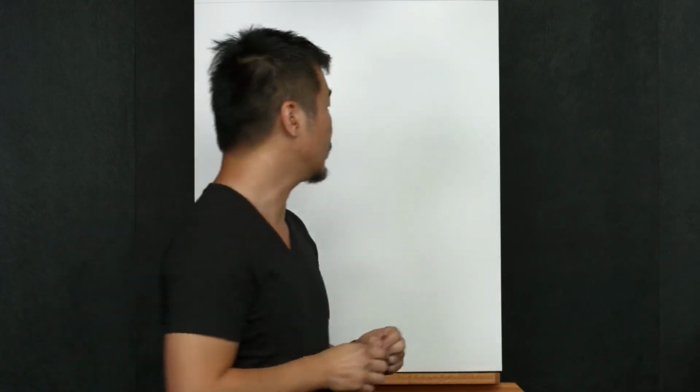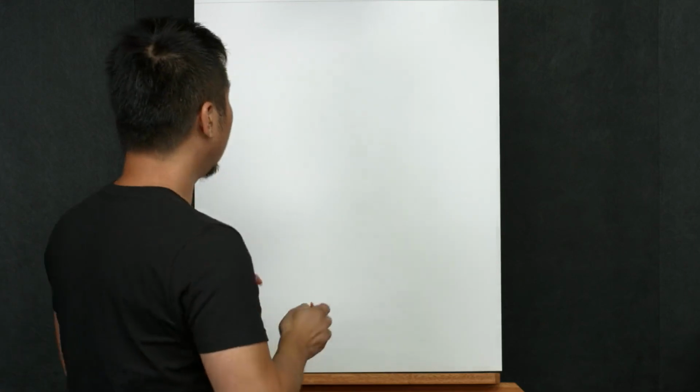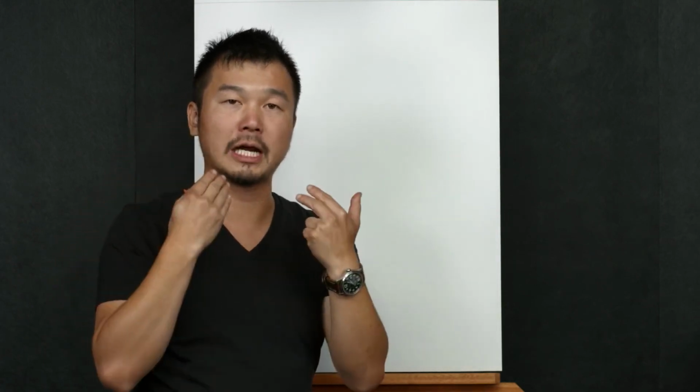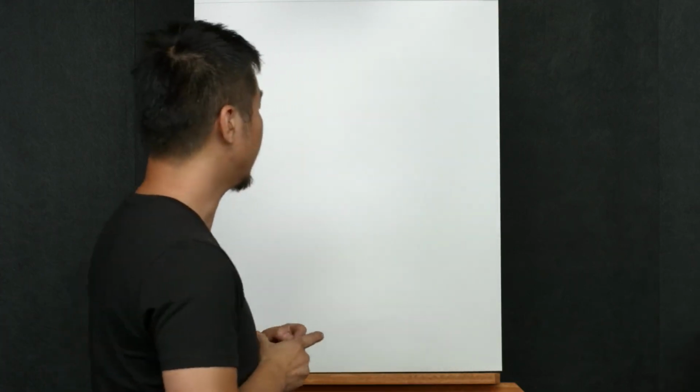So it's important to know what's going on with this, the skin, and that will help you later on, and also help you invent heads out of your head, and help you understand the reason for certain shadows and certain structures, because of the skull.